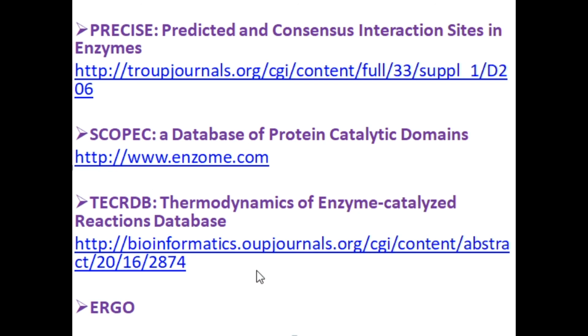Next one, TECRDB, the Thermodynamics of Enzyme-Catalyzed Reactions Database.